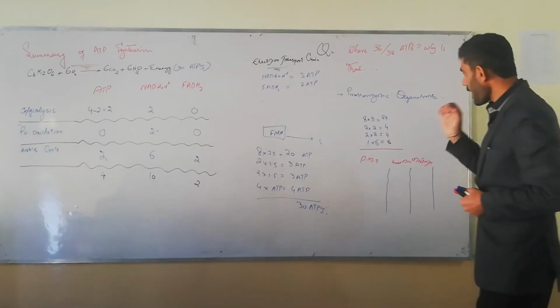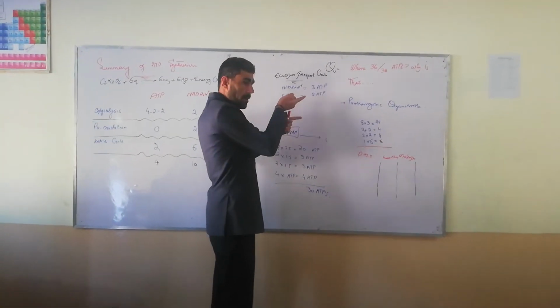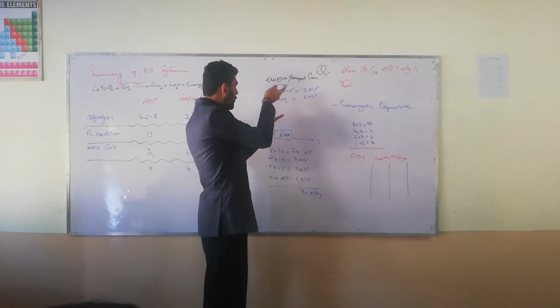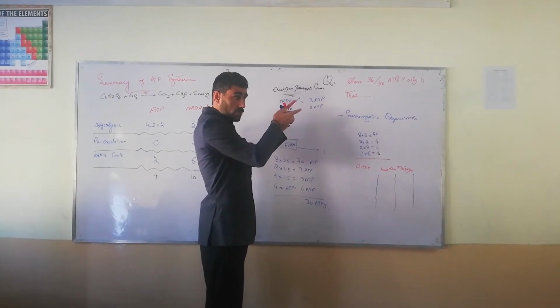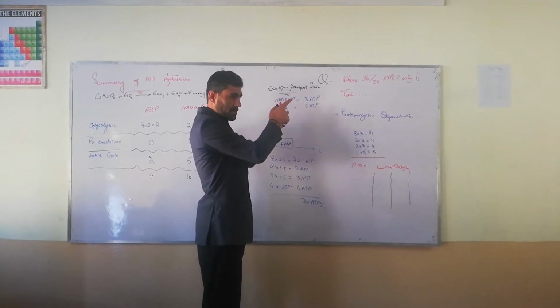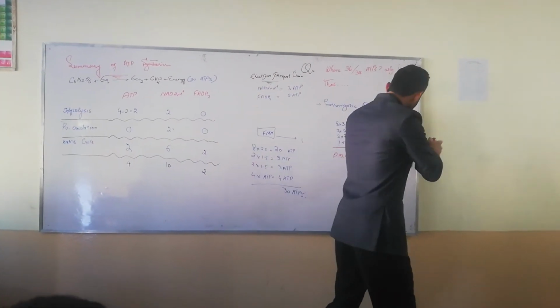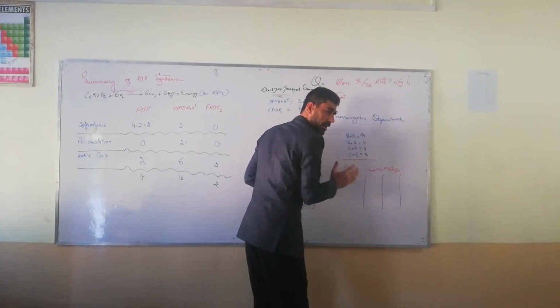If you can obtain 3 ATP by oxidizing a single molecule of NADH plus H plus, then 0.5 ATP will be spent in traveling from here to here.